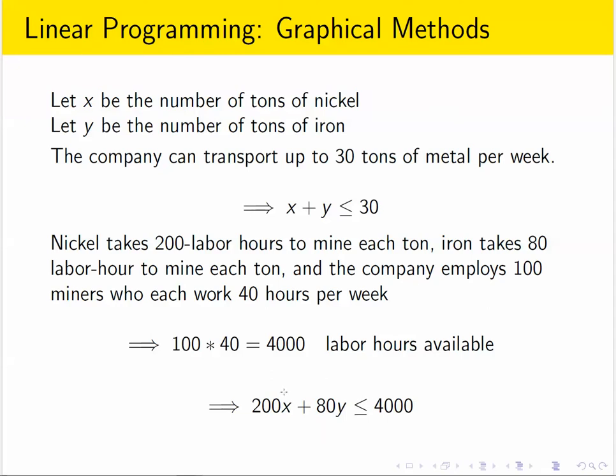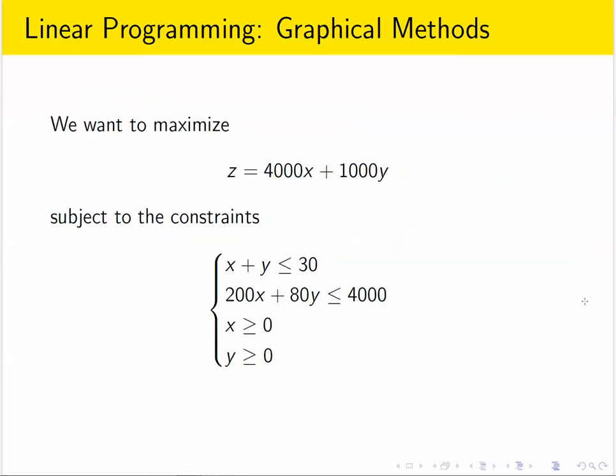In this case, we're looking at 200 hours for each ton of nickel times x tons of nickel, and 80 hours for each ton of iron times y tons of iron. And if you add up that total amount of labor, it cannot exceed 4,000 labor hours. So these two inequalities together are the constraints we need to satisfy.